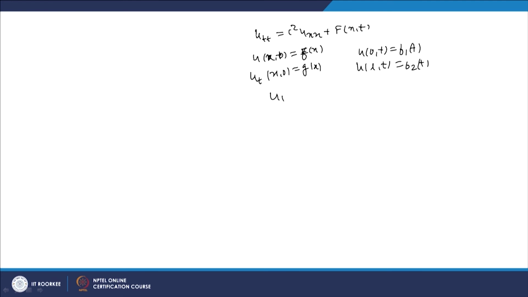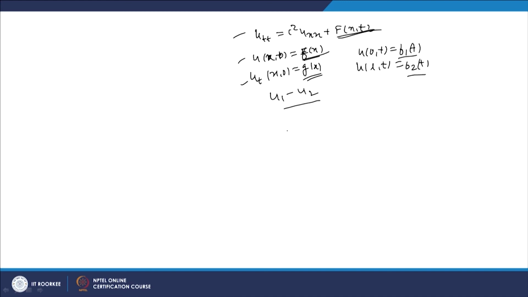It means that u1 will satisfy the same equation and u2 will also satisfy the same equation. Then when you look at u1 minus u2, this part will be cancelled out, this part will also cancel out, because it is independent of u1 and u2.